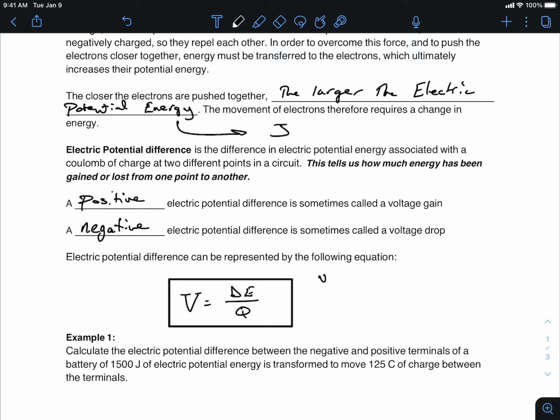V would be the voltage, or electric potential. Delta E is your change in energy, like how excited the electrons are across your circuit, like how quickly they could be moving.